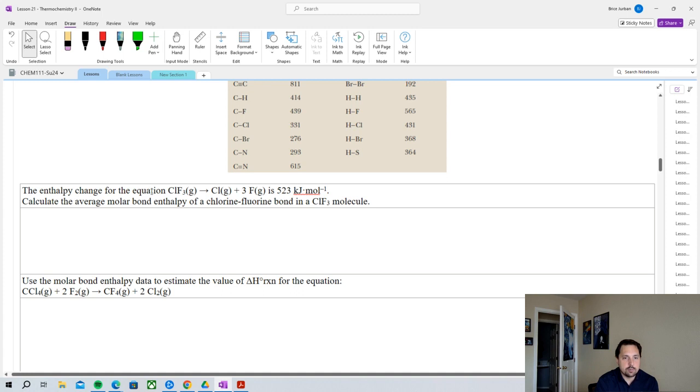So here's our first example. I have chlorine trifluoride being broken into chlorine and 3 fluorine atoms. And I measure that this enthalpy change is a positive 523 kilojoules per mole.